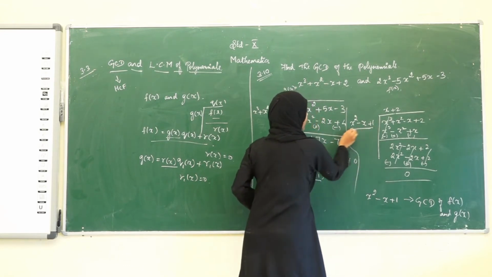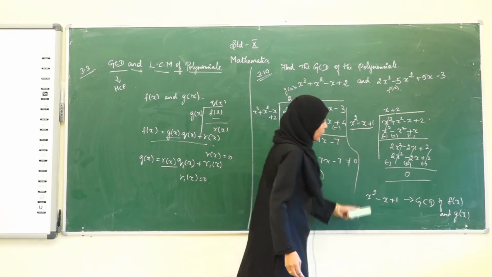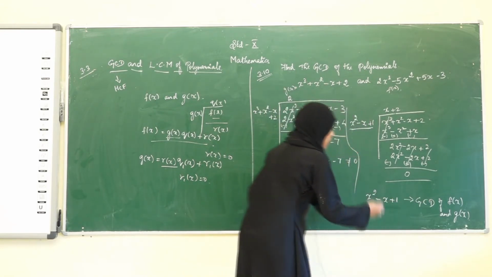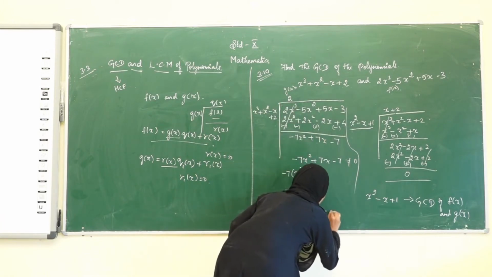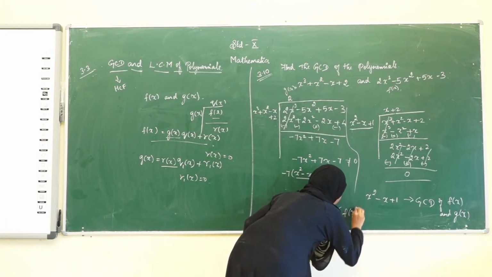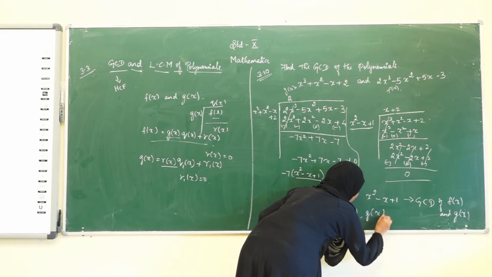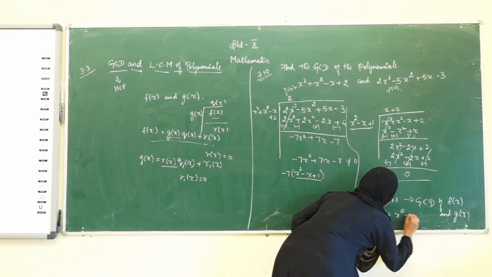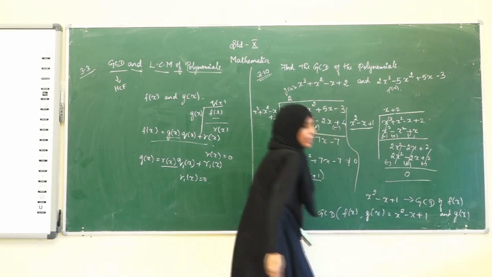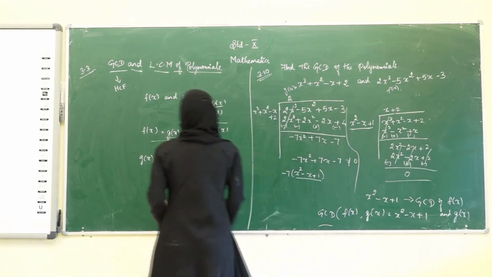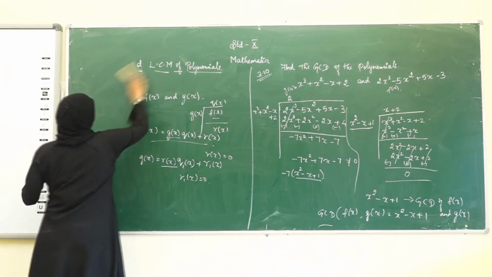Therefore, we write GCD of f of x comma g of x is equal to x square minus x plus 1. This is the answer of this question. So next let us move on to the next example.